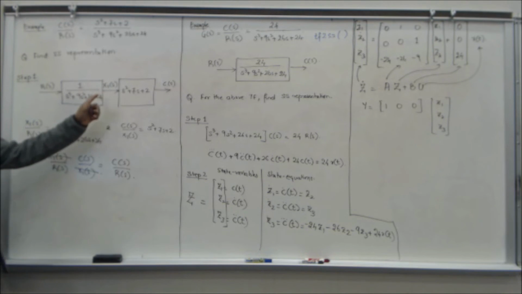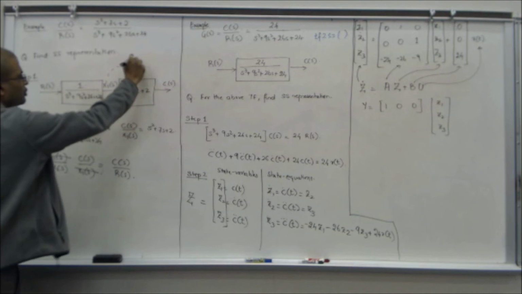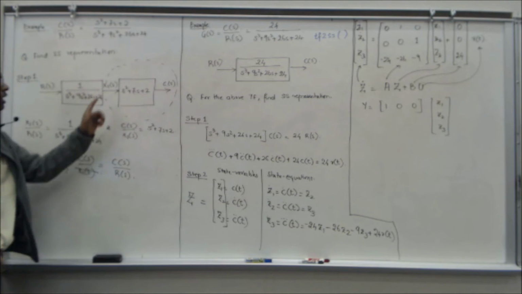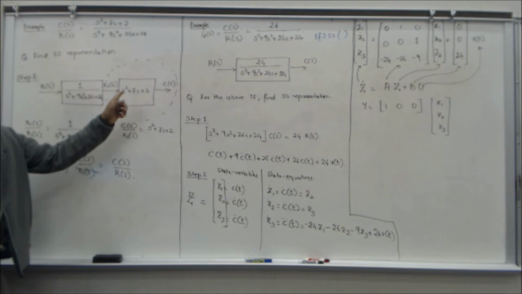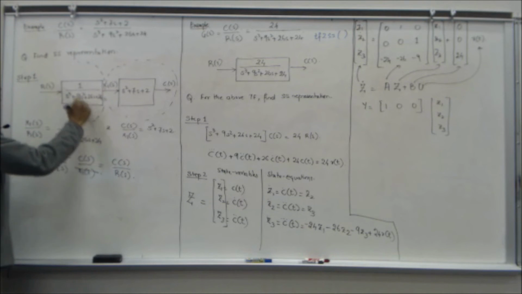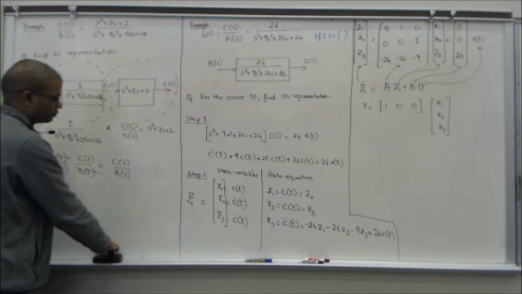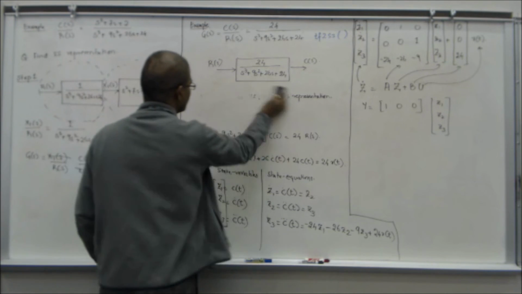If you look at this system, X1 is the input, C of s is the output. For the other system, R of s is input, X1 of s is output. This is a cascade system. So you first do this.